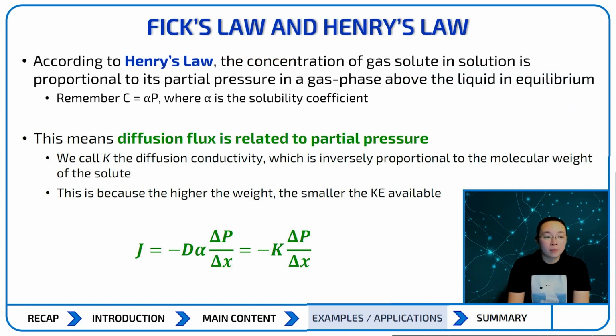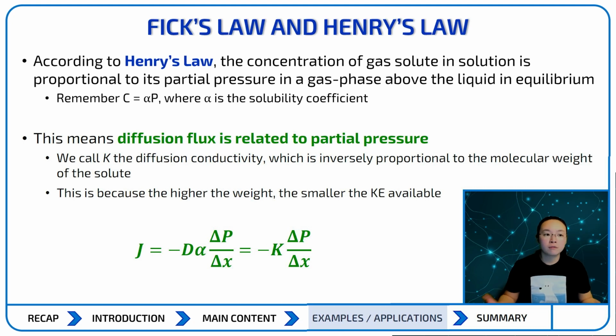Now, we know Fick's law from before. We also know that at the beginning of this lecture, we talked about Henry's law. According to Henry's law, the concentration of gas solute in solution is going to be proportional to its partial pressure in a gas phase above the liquid in equilibrium. Simply put, your concentration of gas is equal to some sort of constant, alpha, multiplied by P. And alpha is your solubility coefficient.